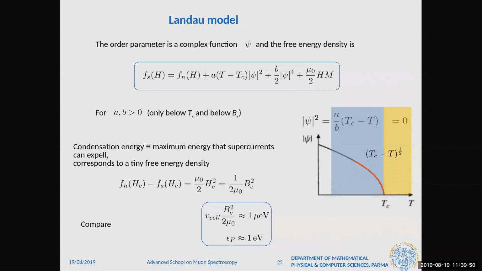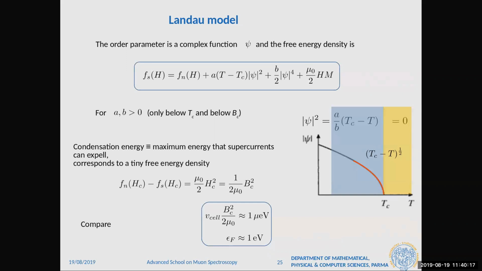This is the gain that you have to have a superconducting state if you're below that field. So it's of order field squared over 2 mu0. And if you work it out, for instance, for niobium, it turns out to be of the order of 1 microelectron volt, compared to the typical scale of the metal, which is electron volts, not one, but more, probably. So it's a huge difference.